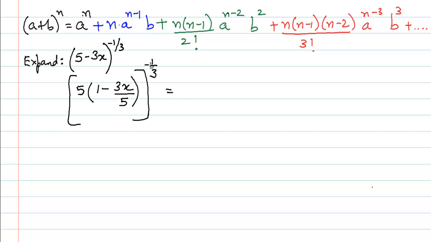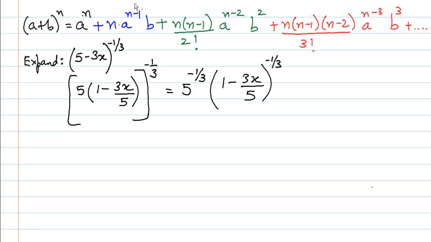And then we apply this index minus 1 upon 3 both to 5 and to the bracket. So we have 5 raised to minus 1 upon 3 into (1 minus 3x upon 5) the whole raised to minus 1 upon 3. We did this because we want the first term of this expansion as 1.